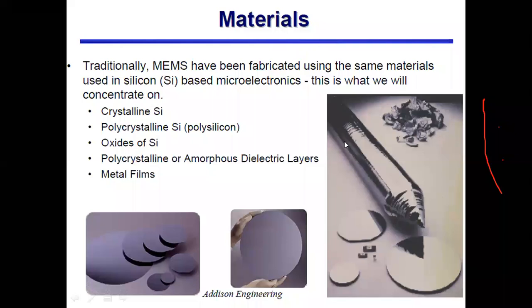First with the diamond saw, we slice this silicon ingot and we make silicon wafers. And then these silicon wafers are polished to mirror surfaces. So after polishing to mirror surfaces, in different thicknesses and in different diameters, they are available for sale in the market.